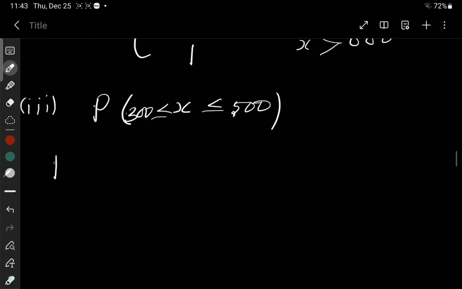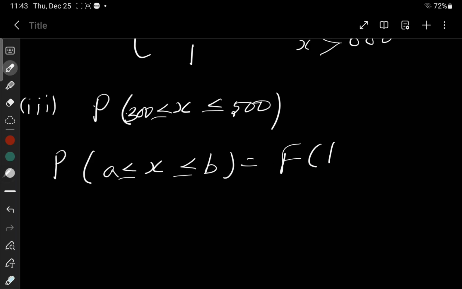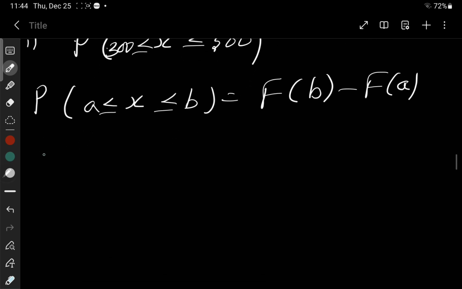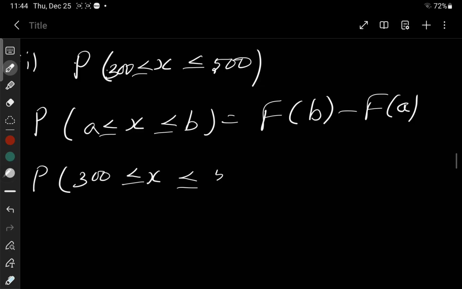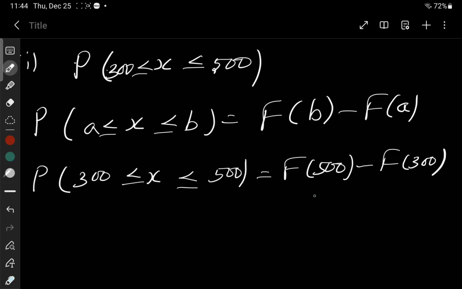According to the definition, probability of X lies between A and B, A less than or equal to X less than or equal to B, the formula is F of B minus F of A. So, therefore, P of 300 less than or equal to X less than or equal to 500, you will get F of 500 upper limit minus F of 300.